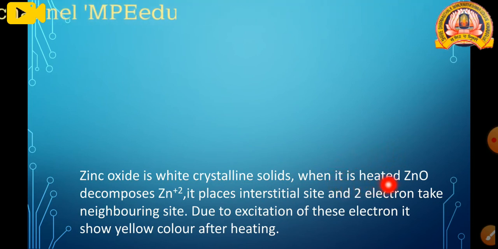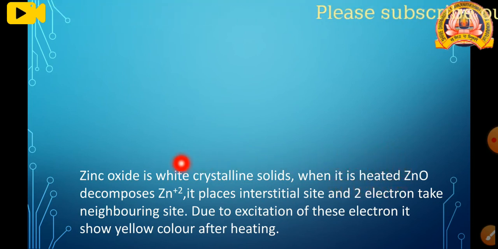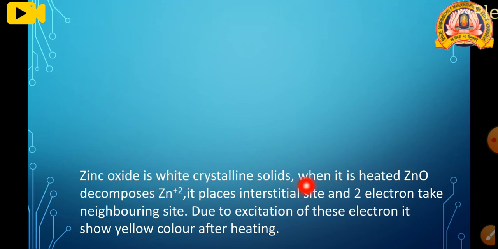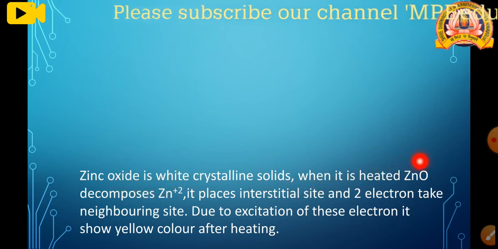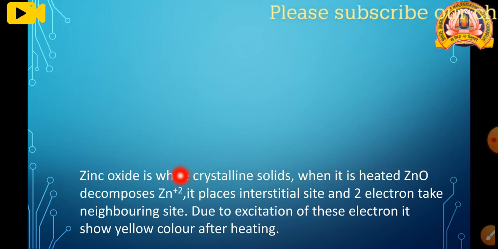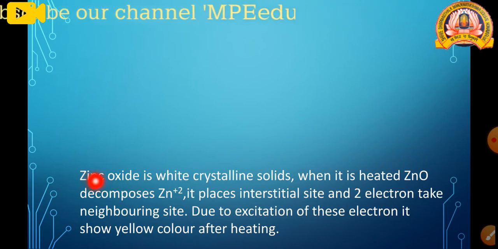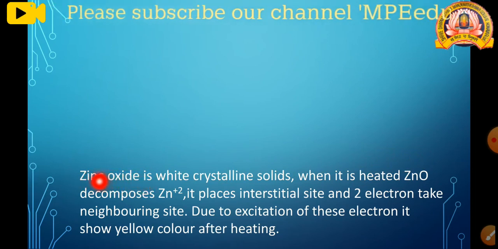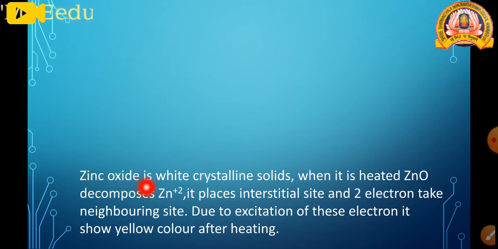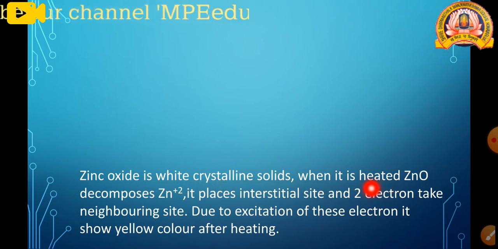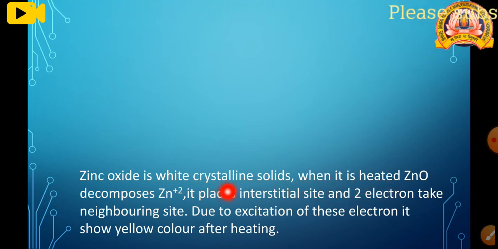Clearly observe the video. White color turns to yellow on heating, and again white after removing the flame. In the equation, we discussed the mechanism of this change in color.